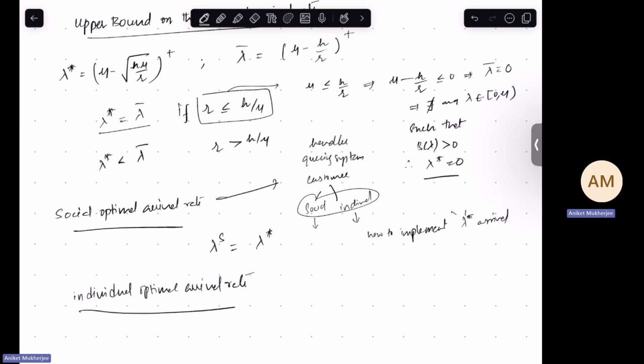So what you do is you have a capital lambda arrival rate of customers which is greater than mu. So if you allow all the customers to come and enter the queue, then it implies that the queue will become unstable.